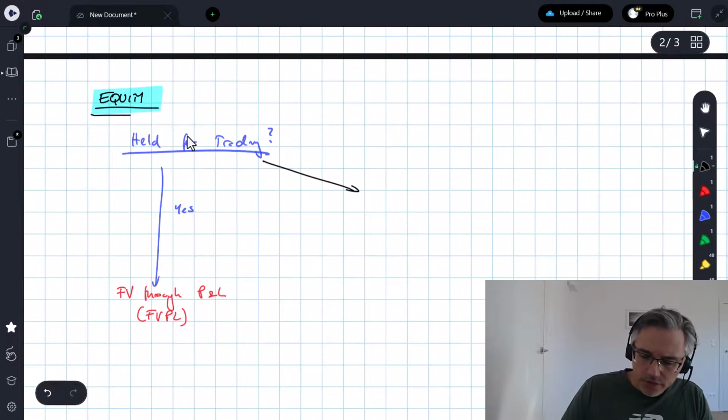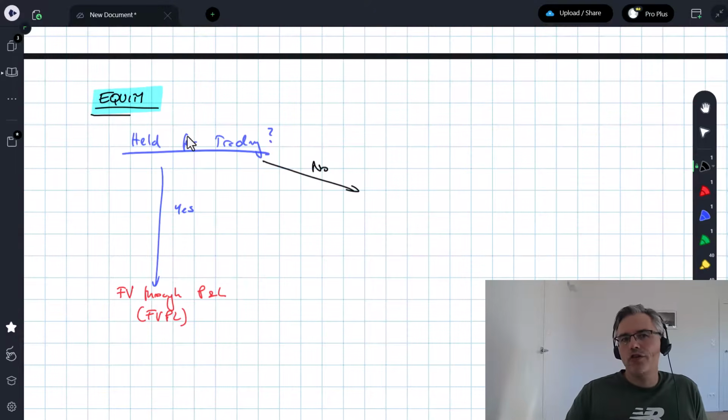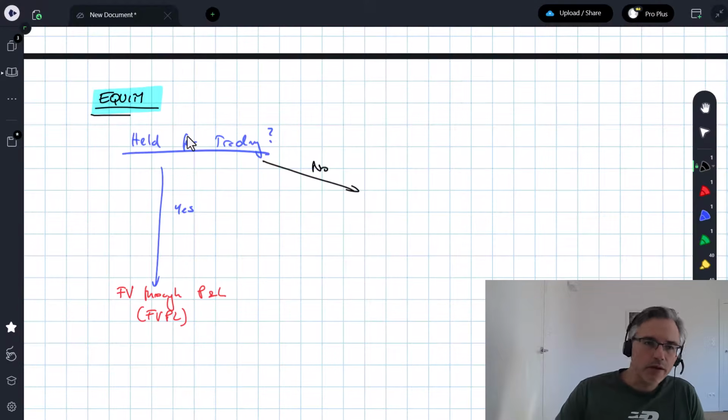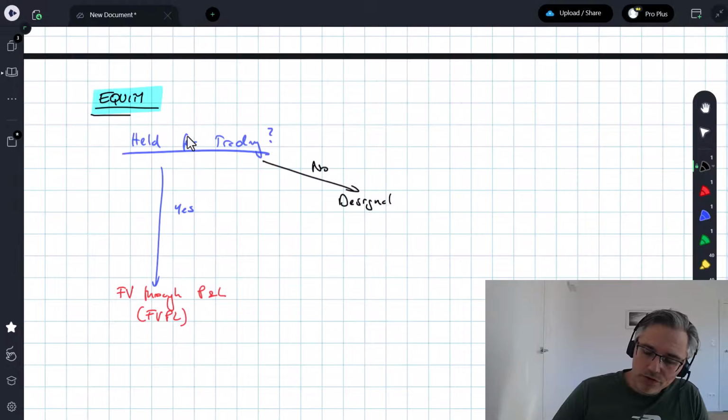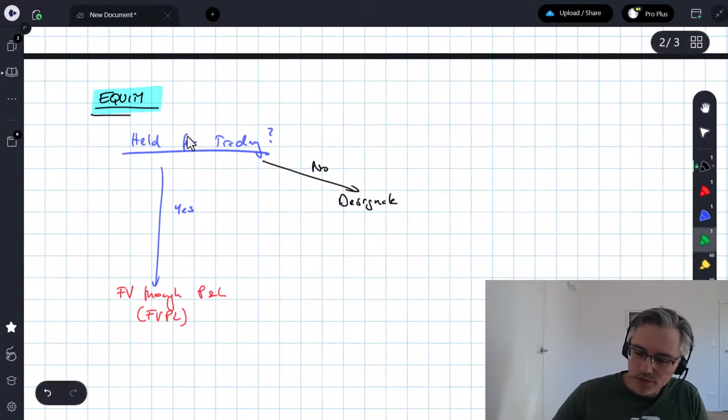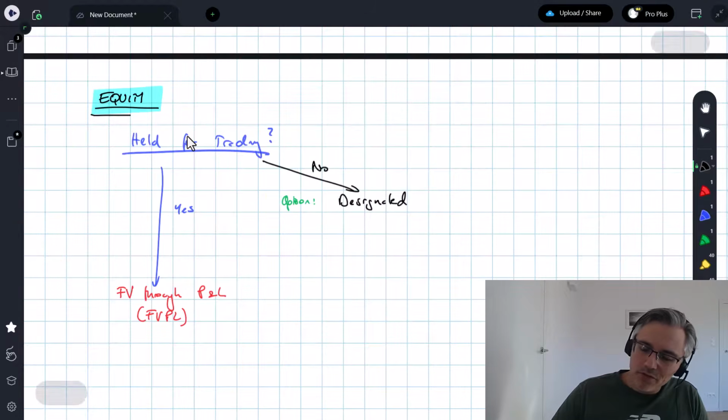Now, if you're not holding somebody else's share as trading securities, you're not buying, selling constantly, you now have to ask yourself, do I want to designate, and this is once again an option, that you have to decide on. Do I want it to be designated at fair value through other comprehensive income?